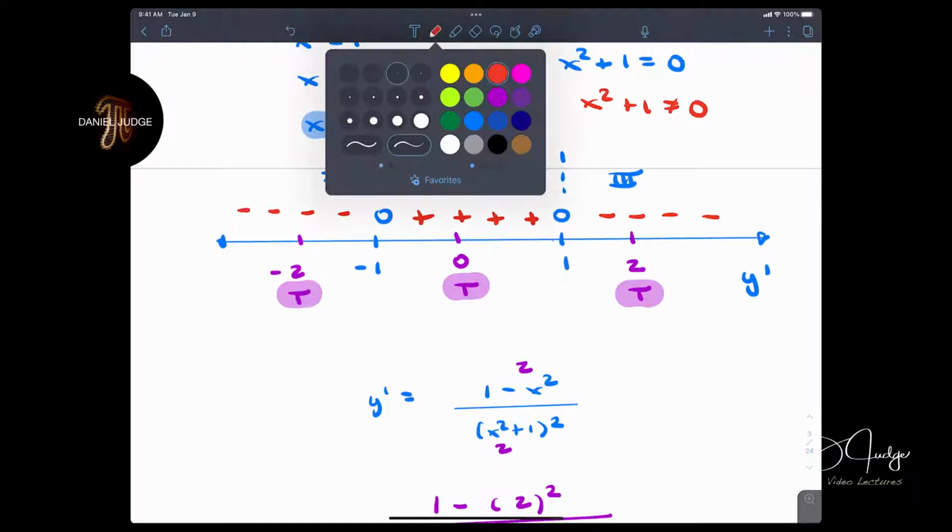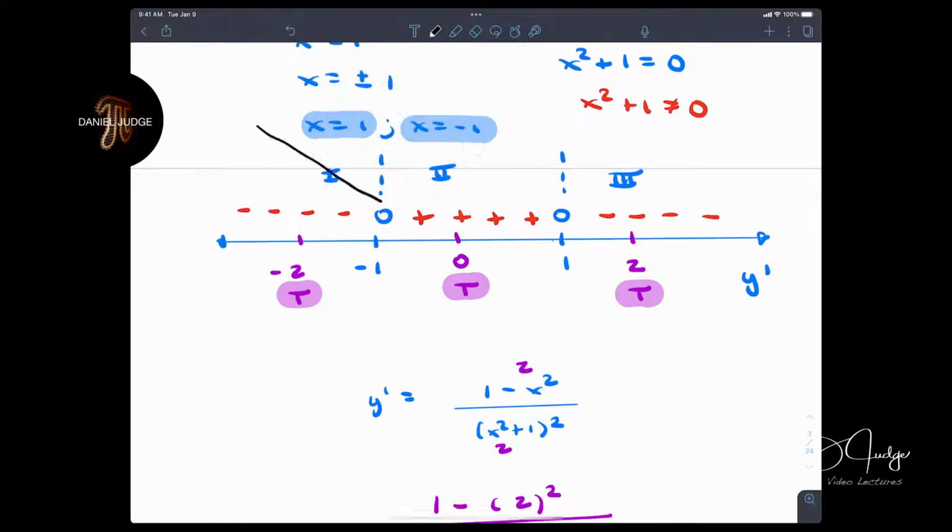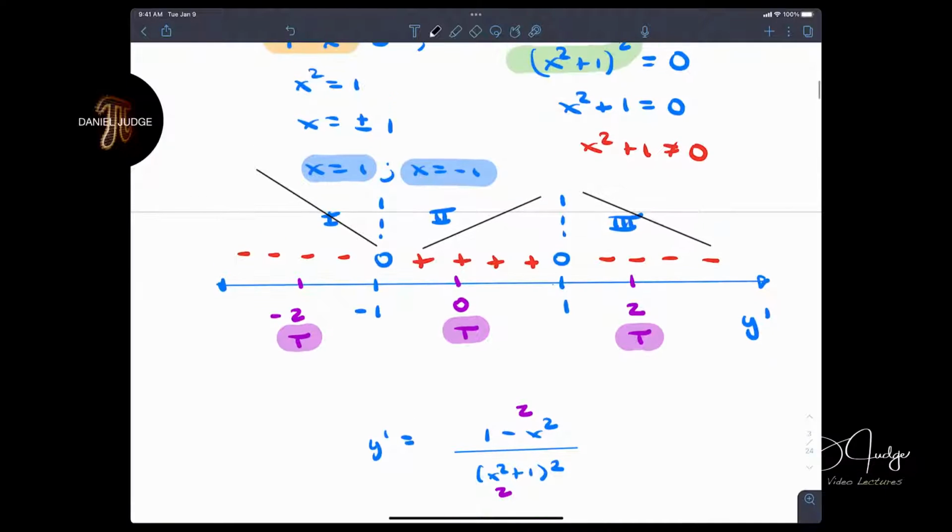Okay. So in region 1, we have a decreasing slope there. The function is decreasing on region 1. It is increasing on region 2, and it is decreasing here on region 3. So we have some important information here. I'm going to move this out of the way.